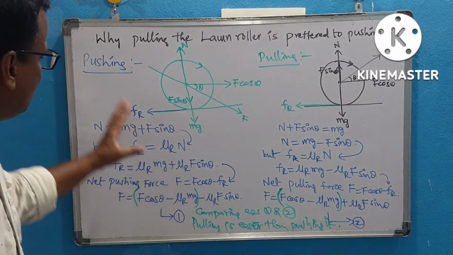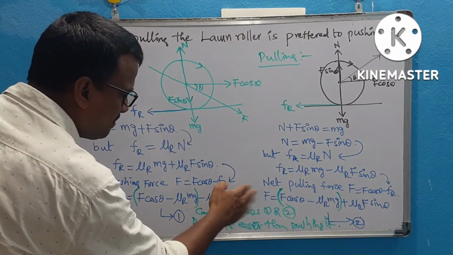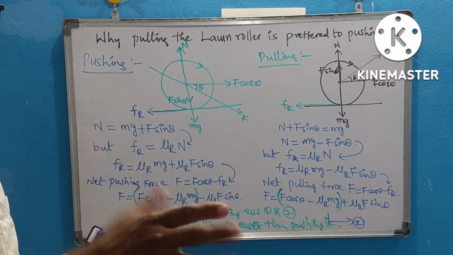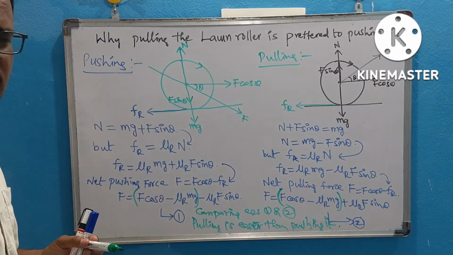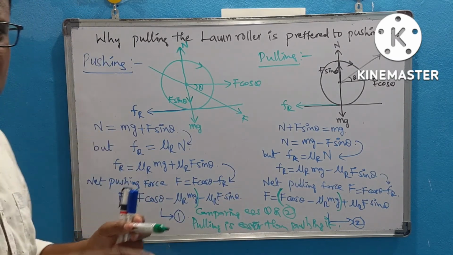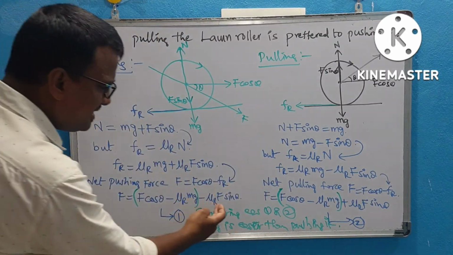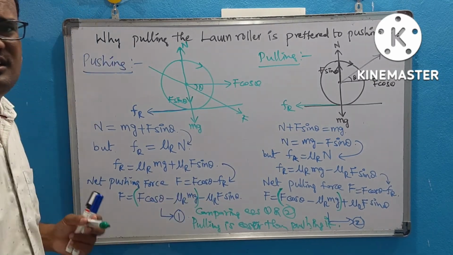That means for the net pushing force, some of the force will be subtracted, some of the force will be deleted from the applied force. Whatever pushing force we apply, some of the force is eliminated. Why? Because the minus sign is there.